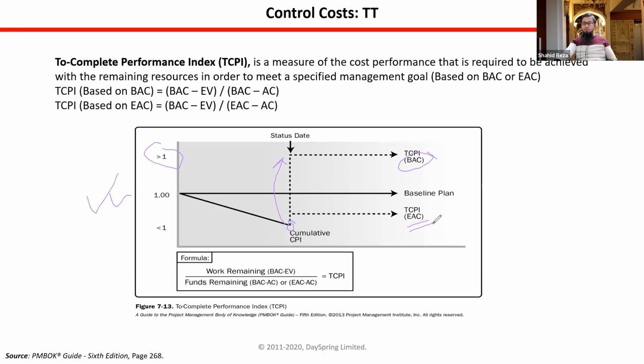That means if you do bad, then EAC will be more than BAC. So management will not approve that. Management will push you to complete the project within BAC, the cost baseline. So in this scenario, we have to improve ourselves so that we can complete the project within the budget. It is a negative scenario.